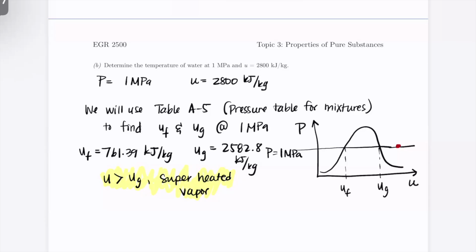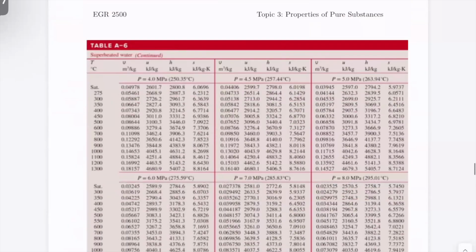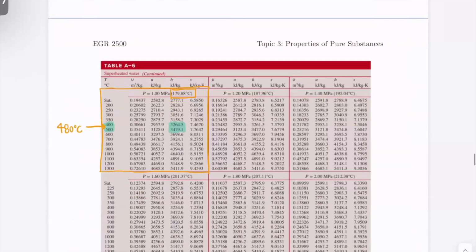Okay, so now this means that we can go to our superheated vapor table, and we want to look for the pressure cell for 1 MPa, which is the one that we highlighted last time because we were at 1 MPa again. All right, and we're given the internal energy, right? And it's 2800. So we want to look in this column.